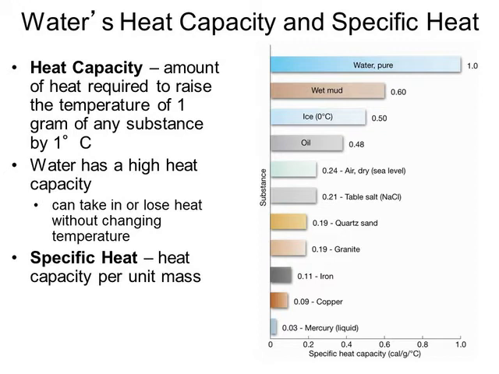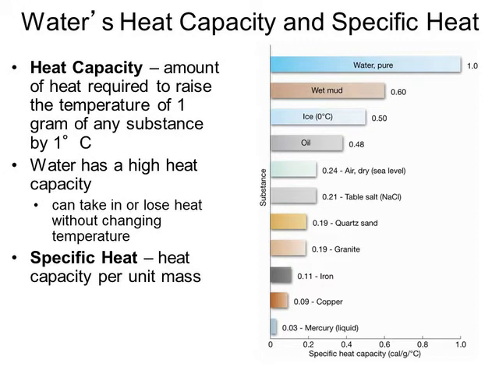Heat capacity is just the amount of heat required to raise the temperature of 1 gram of substance by 1 degree C. So if we look at the graph on the right hand side, you can see that pure water, distilled water that doesn't have any minerals or anything else in it, has the highest specific heat capacity, at 1 calorie per gram per degree C.